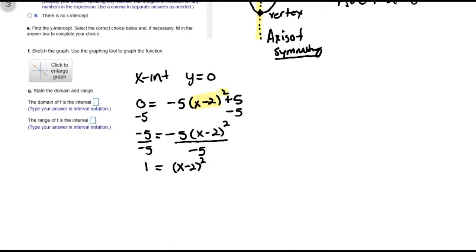Now that I've isolated the square, I'm going to get rid of it on both sides by square rooting. Square rooting will cancel out that square, and on the right, I'm left with the x minus 2. On the left, square root of 1 is 1, and I also pick up a plus or minus symbol because I square rooted that square.